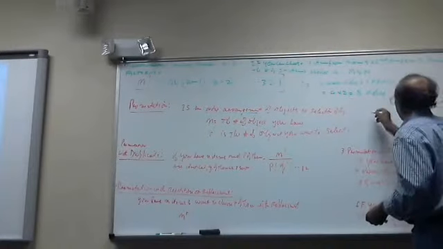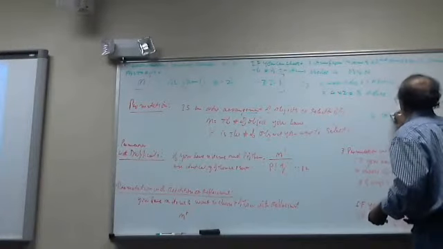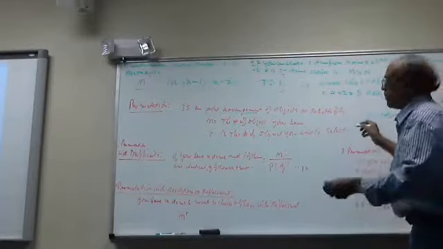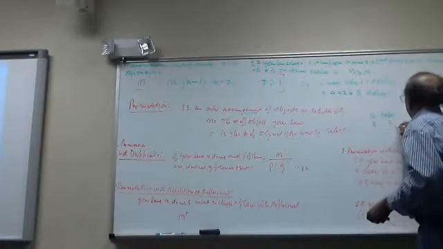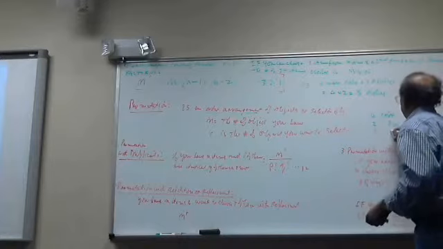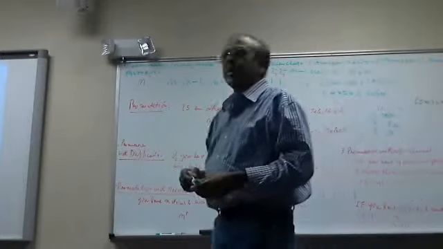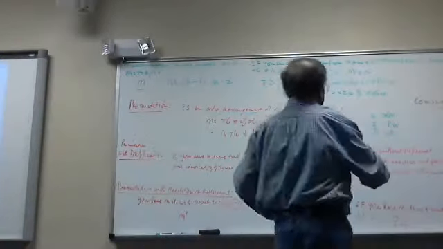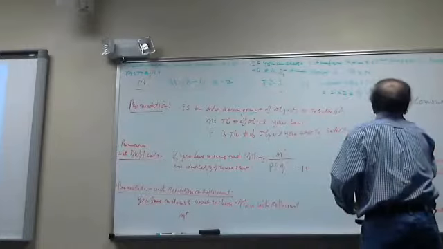We know we have 4 different colors. We have 2 choices for power window. We have 2 choices for CD. Alright, clear? And we also have 2 choices for automatic transmission.